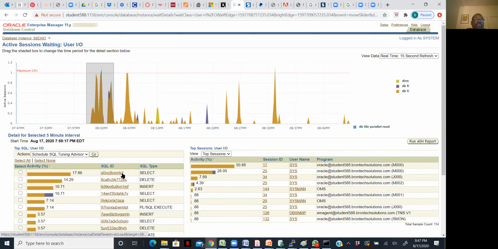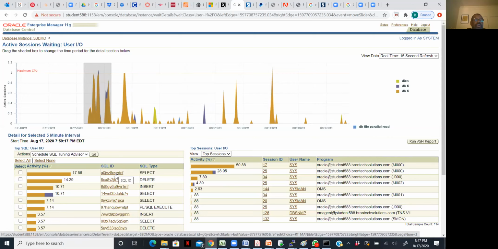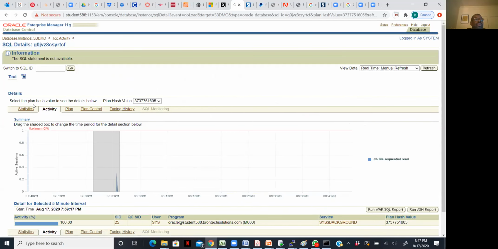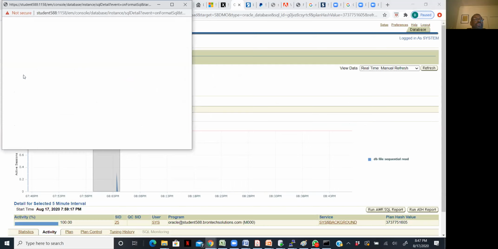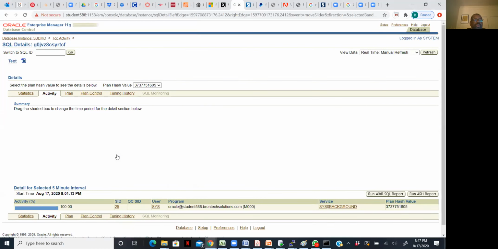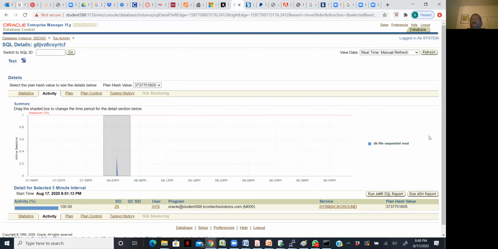A certain SQL, a select, was running and spiking up our IO. You can go to the SQL ID and you can click on that SQL ID. Oh, why is the ID not available? Give me a snapshot. Why is it not giving me the SQL ID?